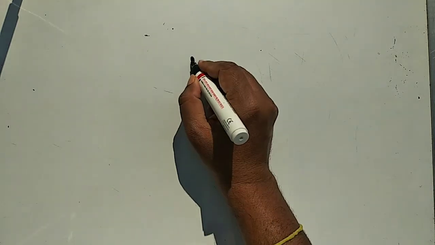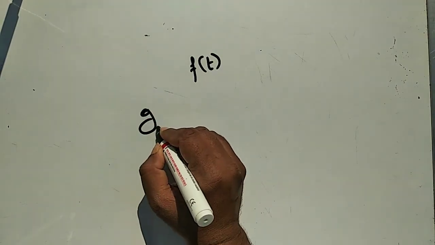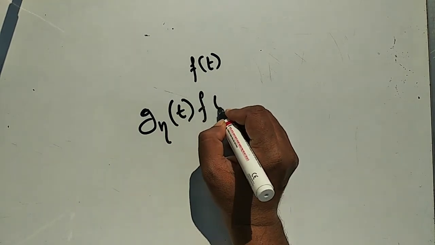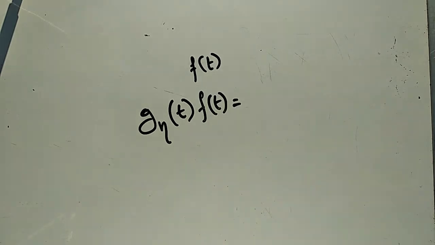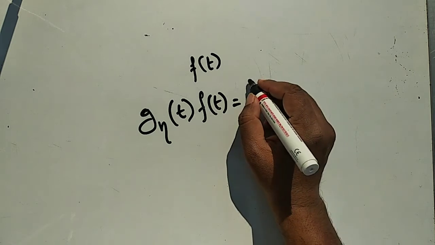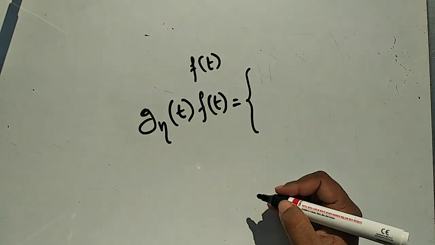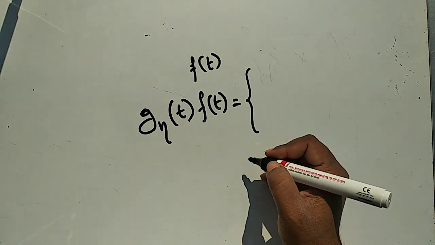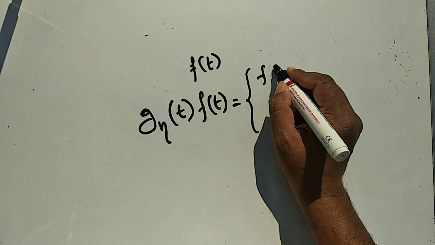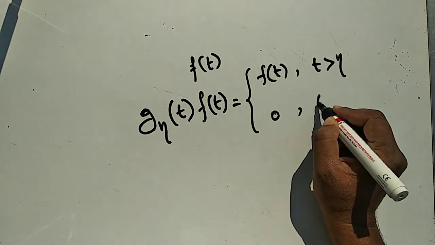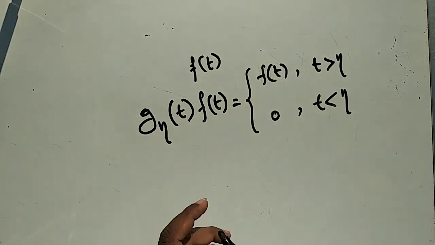Means if I have a function ft, then when I multiply this unit function with f of t, then you can make a new function. Okay.